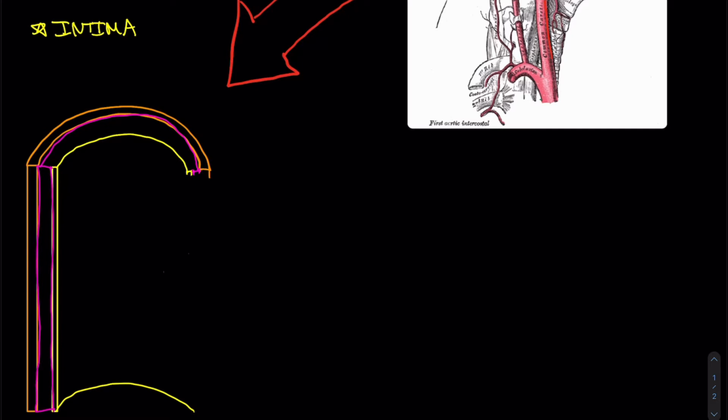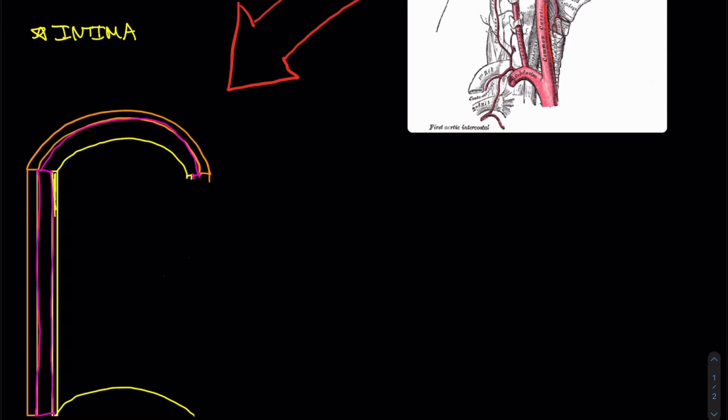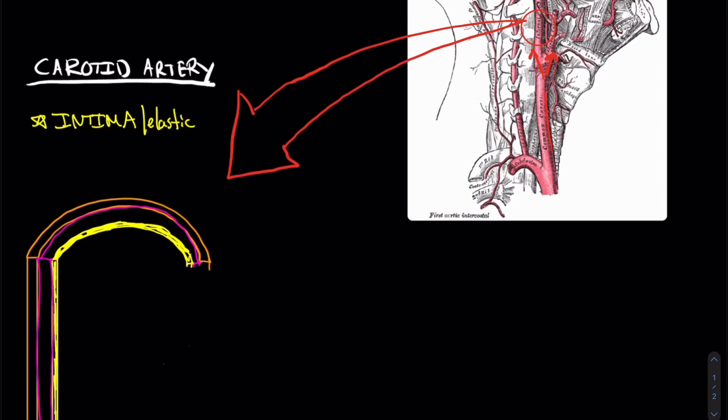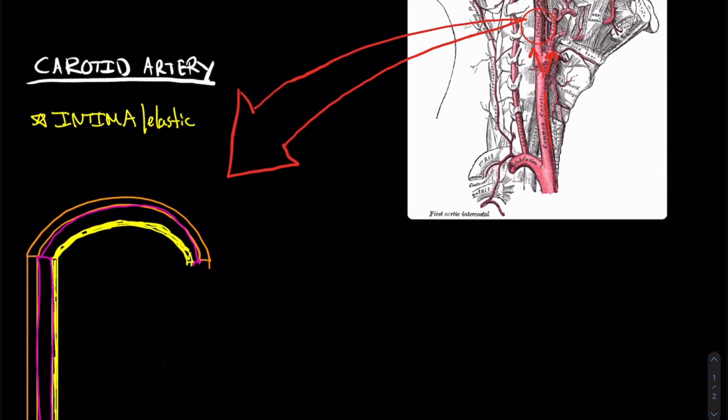The right side is not represented, but you'll find out why in a few seconds. In yellow, we have the intima, and it is composed mainly of elastic material and a single-celled endothelium, so it's pretty thin.